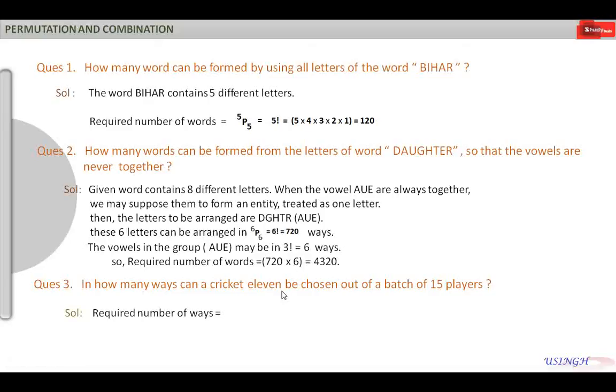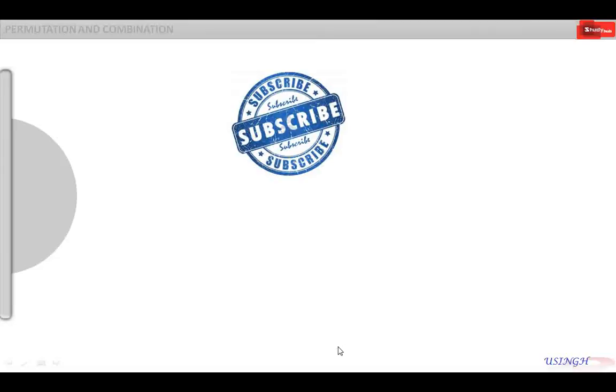So here we use the formula from combination, because this is a group of several players. We use the formula n factorial divided by r factorial times (n minus r) factorial. Here n is 15 and n minus r is 15 minus 11, that is 4. So the answer is 15 factorial divided by 11 factorial times 4 factorial. The answer is 1365. So that's all from the permutation and combination topic.